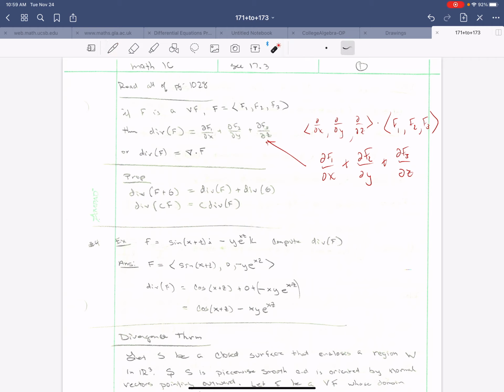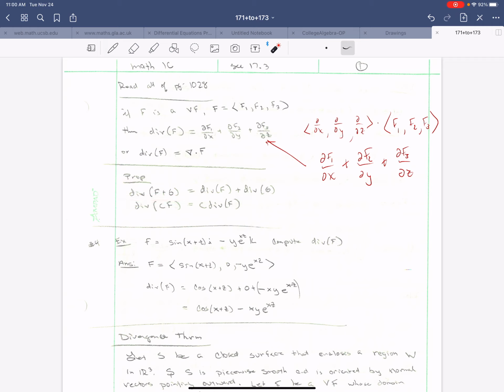Again, just like with everything else, with the gradient, with partial derivatives, with curl and divergence, all of them are kind of like derivatives. And as such, we want to know that they follow the linearity rule. These two rules mean that this is what's called a linear operator. So if you have two vector fields, does the divergence of a sum equate to the sum of the divergences?